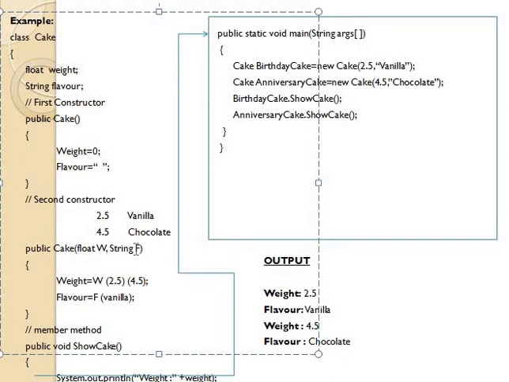And when chocolate, which is the value of the second argument f, gets copied to flavor, then chocolate will be assigned to flavor. Now you see, these values are not for you to write inside this program. This is only for you to understand, and I'm going to erase these values soon after the explanation of this program.